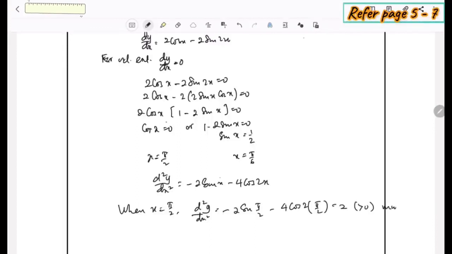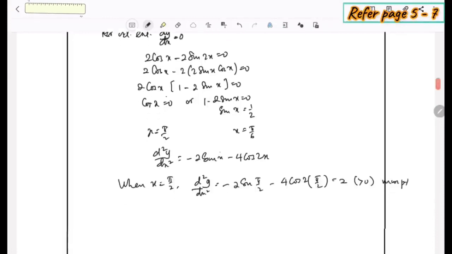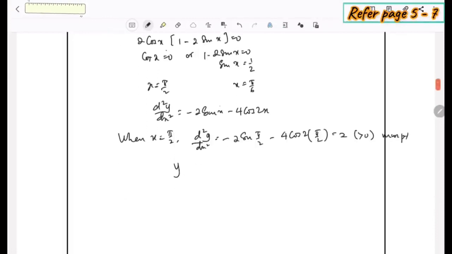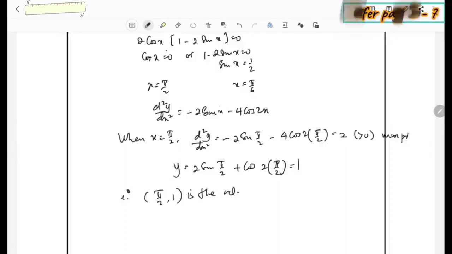So this is a minimum point. For the value of y, substitute into y: 2 sine pi over 2 plus cos of 2 times pi over 2, that will be 1. So pi over 2, 1 is the relative minimum.